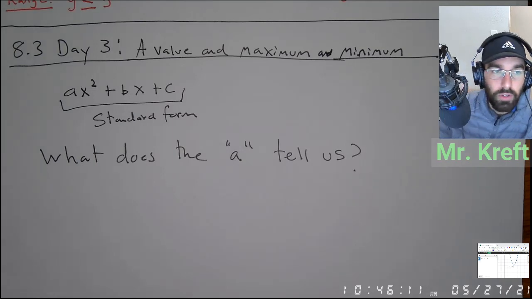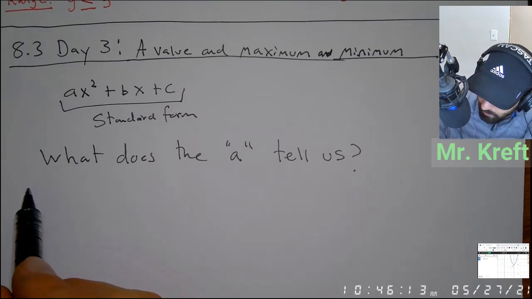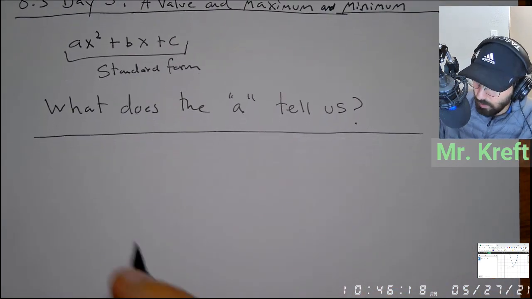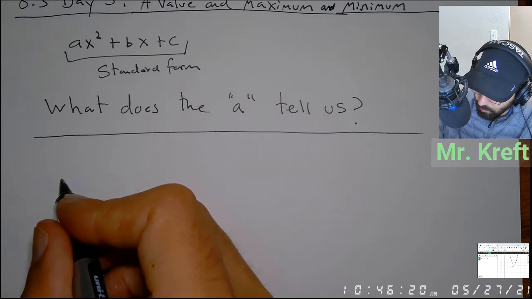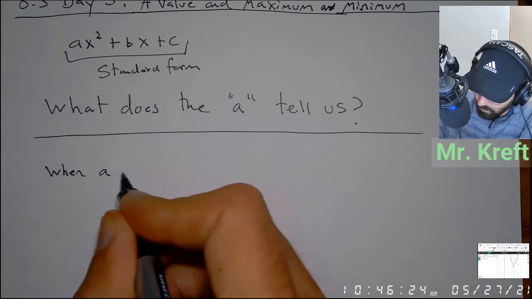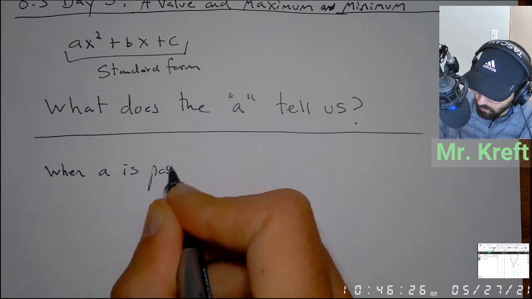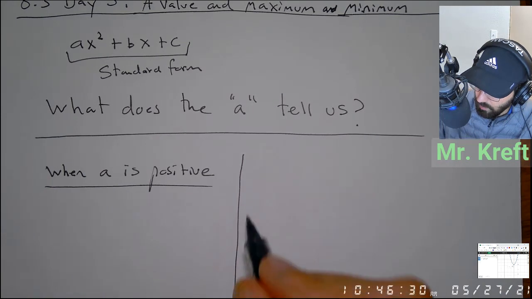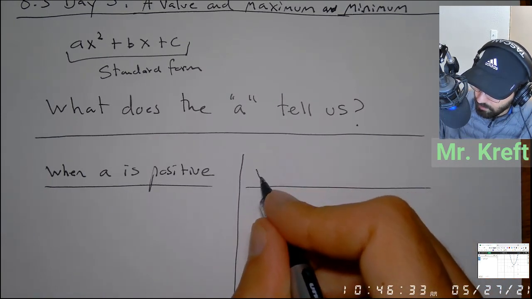So the first thing that we're going to do is we're going to have two situations. We're going to have when a is positive, and we're going to have when a is negative.